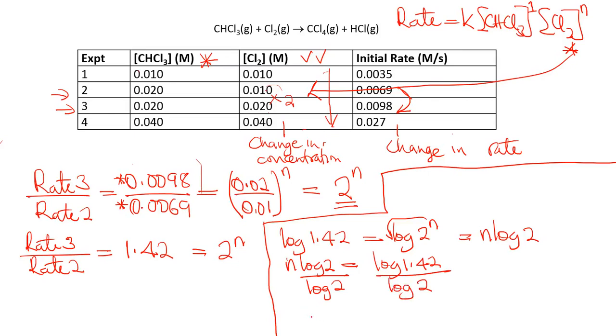Actually, you should use a calculator for that. So this cancels, and then N is equal to 0.50, which is equal to half. So N is equal to half, which means here you are going to put half up here.